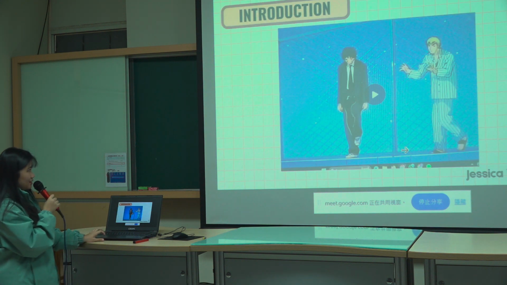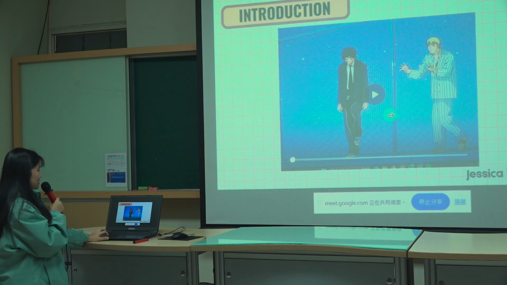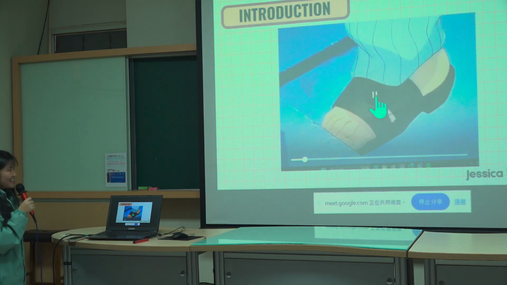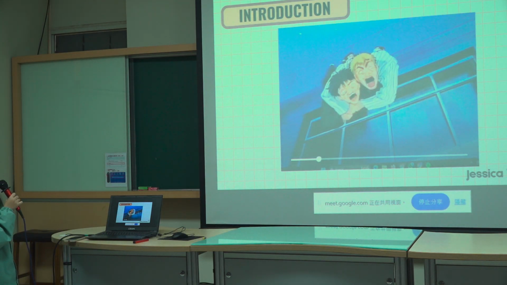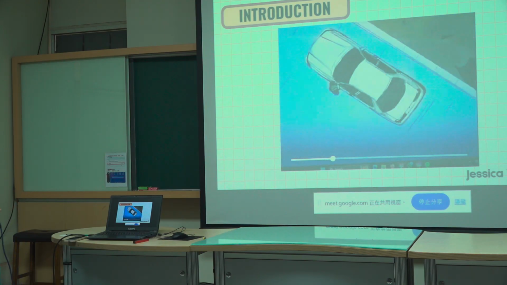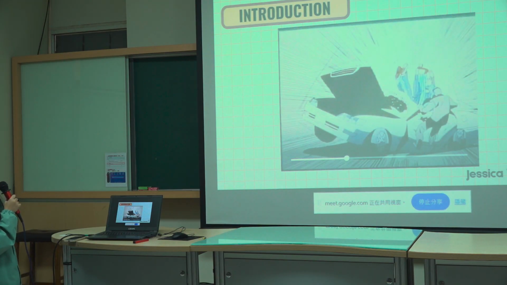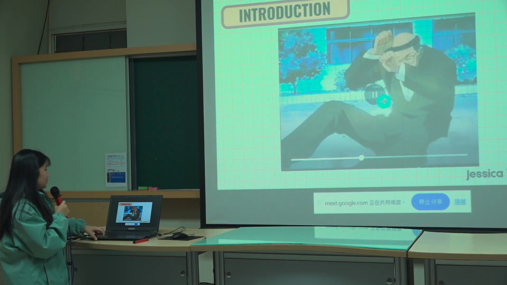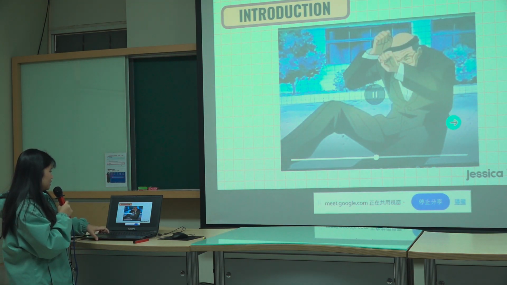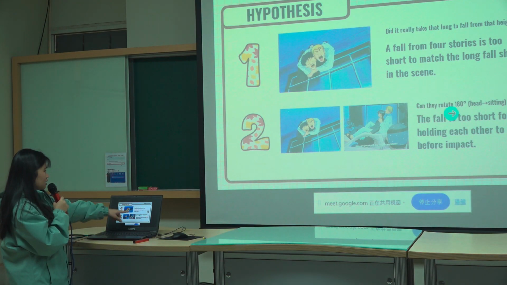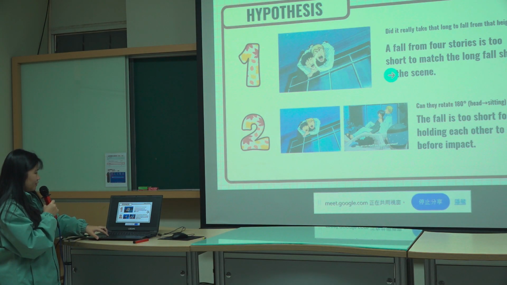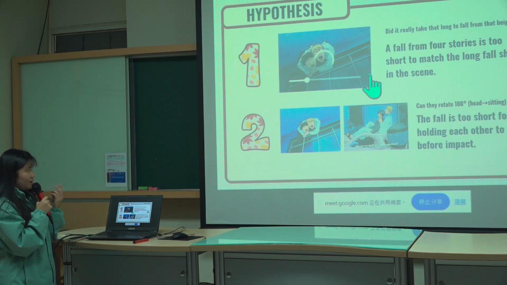Okay, so my name is Jessica, and this is my scene I took from episode 3. Yeah, jumping again. The problem I focus on is that it didn't really take that long to fall from that height, because if you watch the video, there are 3 POVs.